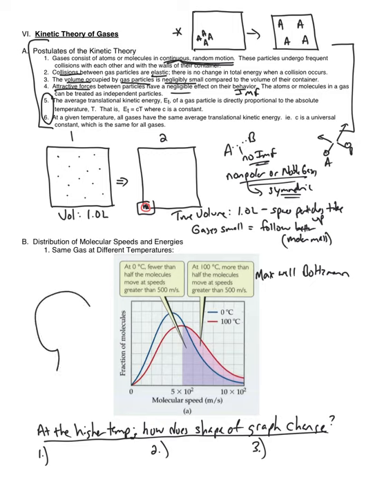If I were to have a balloon of helium gas, okay? If I were to take every single gas molecule and figure out what its velocity is and plot it on the graph, this is what I would see. Some molecules are moving very slowly, some are moving very fast, okay? And we get this beautiful bell-shaped curve.